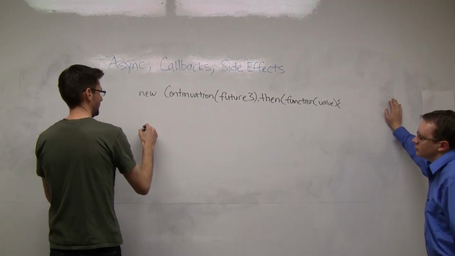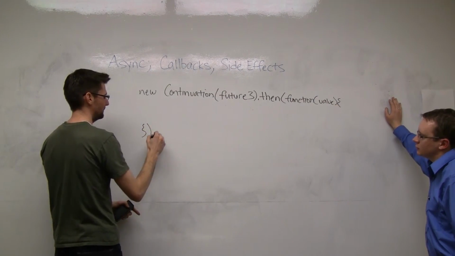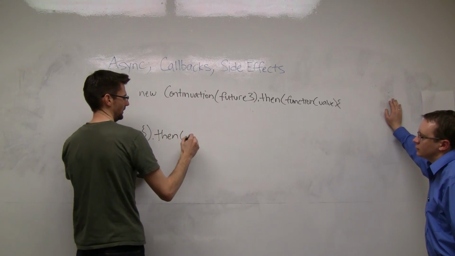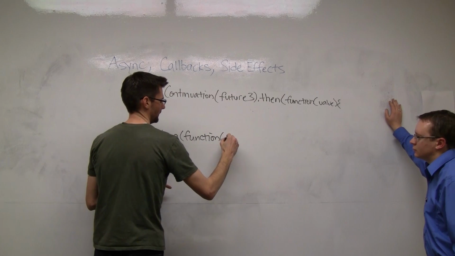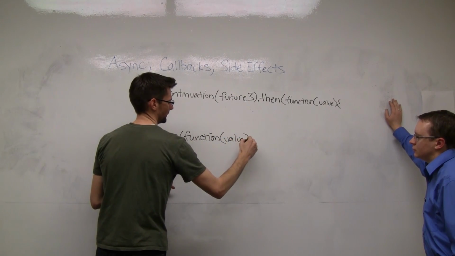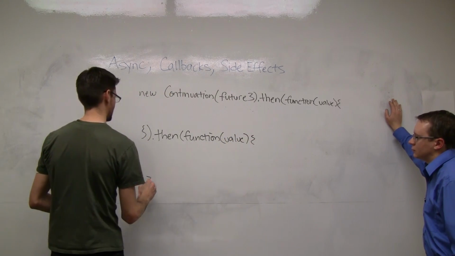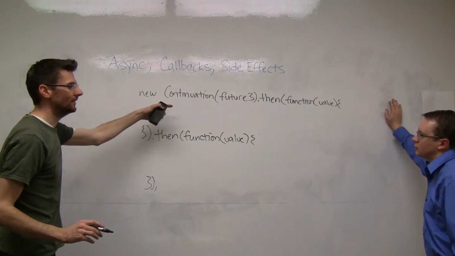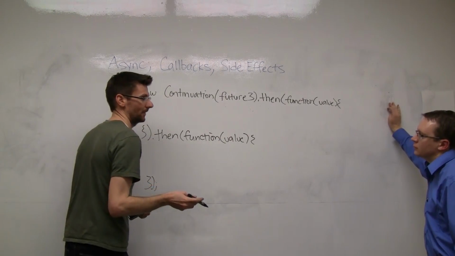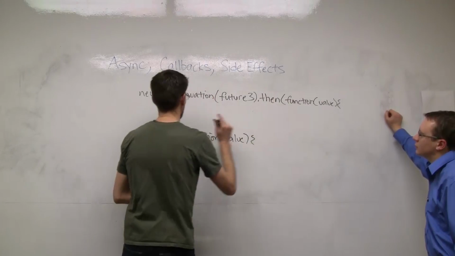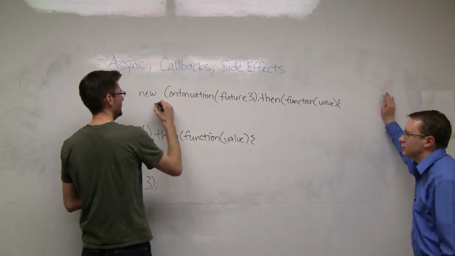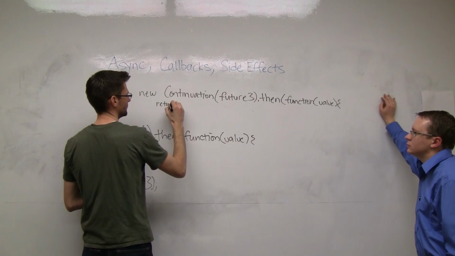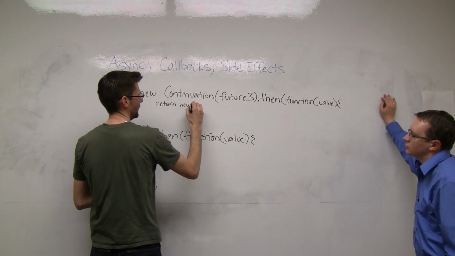And then down here, let's say something else depended on it. I just want to write this out first. What continuations expect is a future back. So we have this value from the first future, and what we need to do is return a new future.